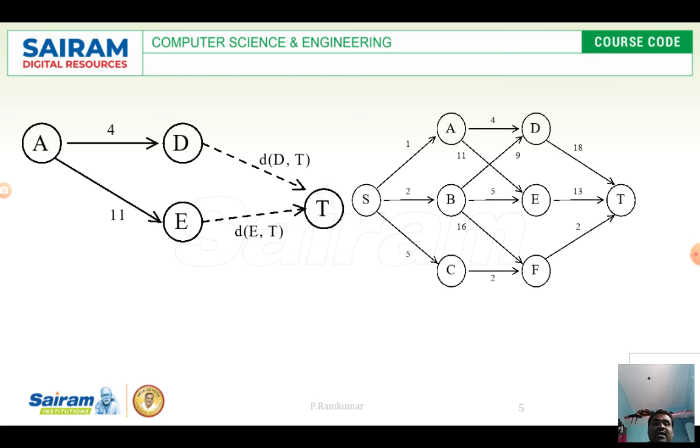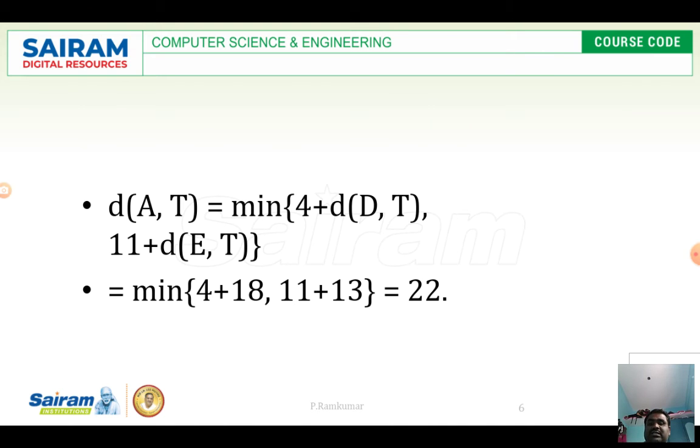From these two computations I have to find the minimum value. That minimum value will be the result of the distance from A to T. So this is the concept.